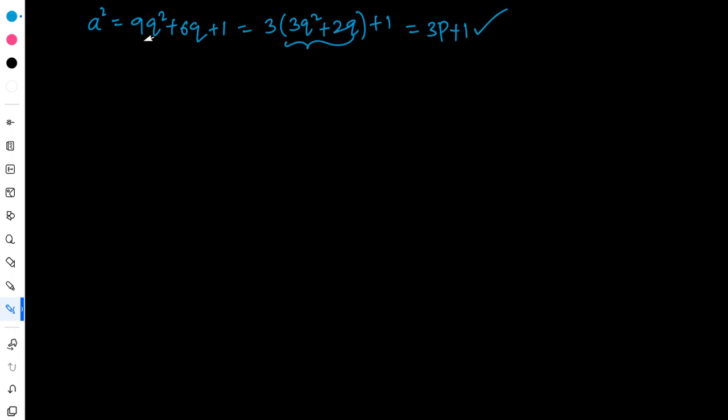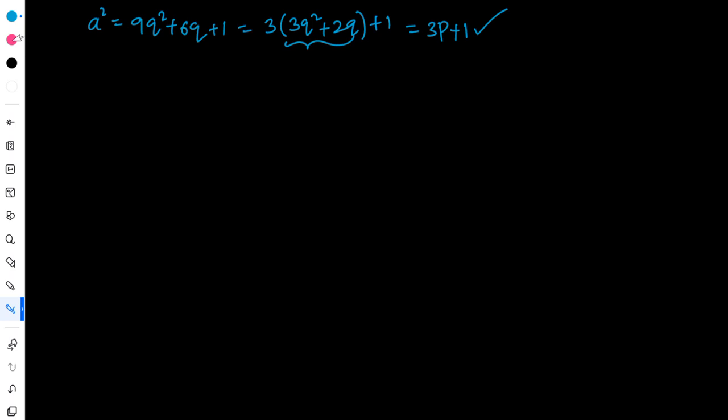So a square equals 9q square plus 6q plus 1. So from the first two terms, what is common? 3 is common. If you take 3 common, it becomes 3 into 3q square plus 2q, plus 1. Now consider this one as p. It becomes 3p plus 1. So we have to prove the square of any positive number is in the form 3p plus 1. 3p plus 1 has come, like this.